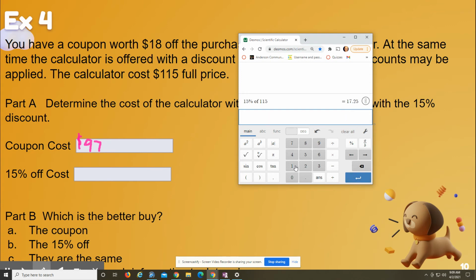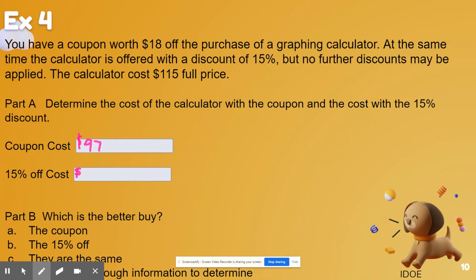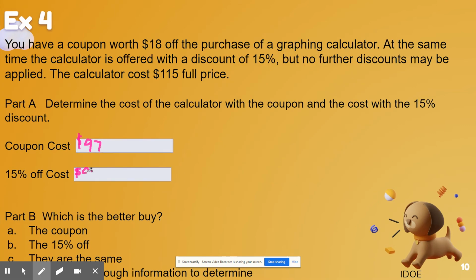Then you take the 115 and subtract the 17.25, which comes out to be 97.25. Or I'm sorry, 0.75, I think. Yeah, 97.75. And the next question says, which is a better buy? You would just put the coupon because it's 75 cents cheaper.